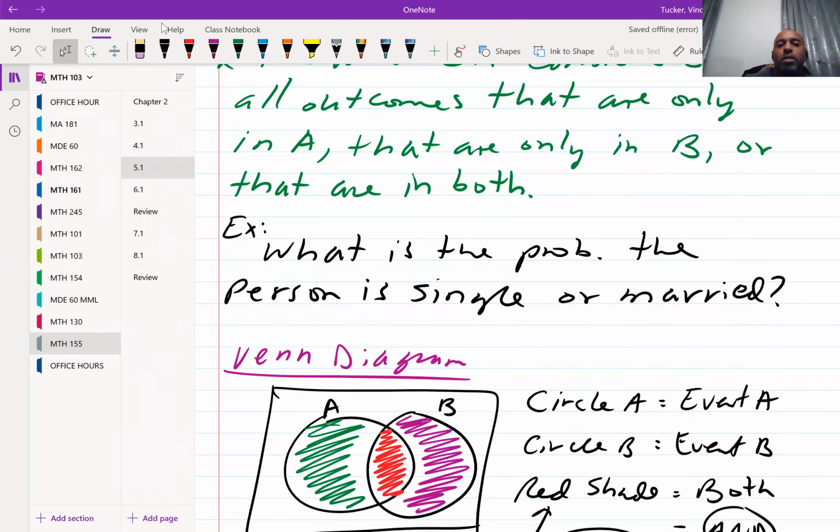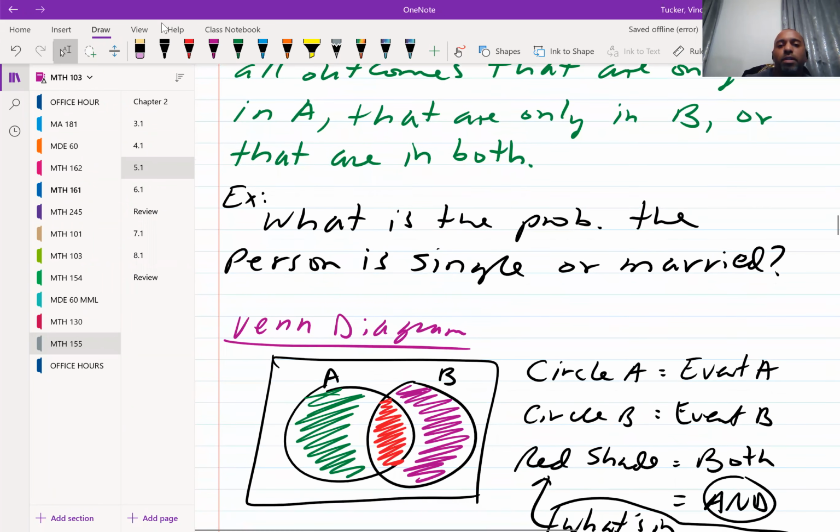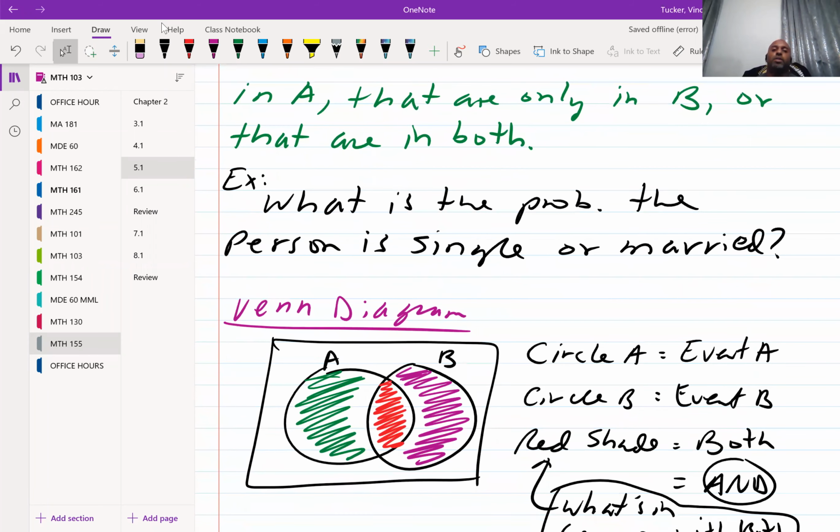Who's holding on to the green? Okay. So what's the probability that a person is single or married?